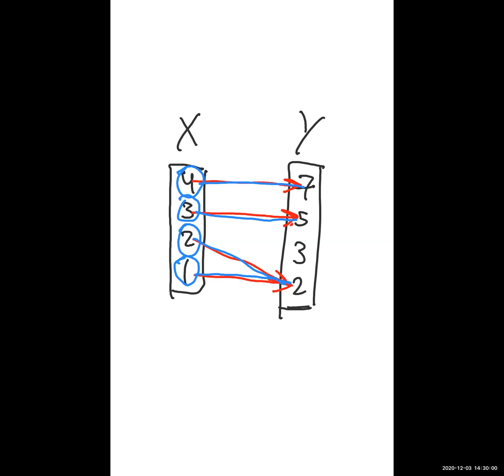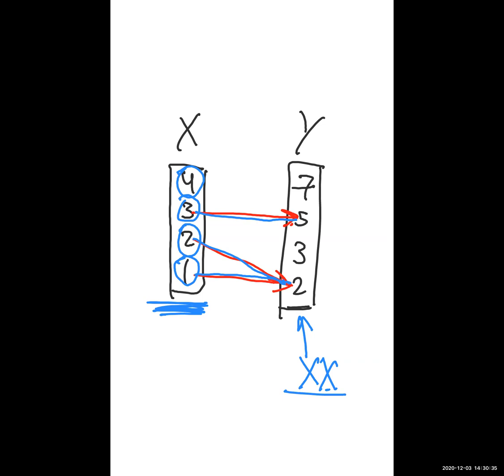But, mister, 1 and 2 share the same element in Y, which is 2. I don't care. I care only about X. So only one arrow from each element, so this one is a function. If it's like this, with no arrow from 4, it's not a function, because there is no arrow from element 4. So 4 will not appear as a first projection in the ordered pairs.